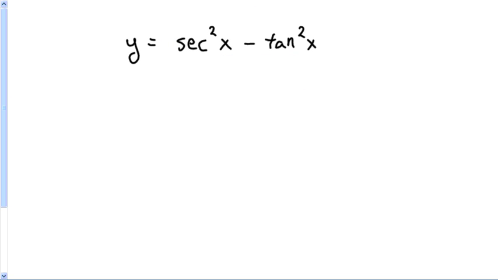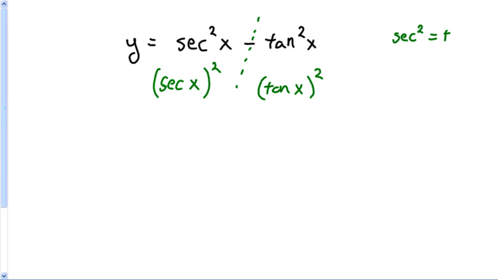All right, next one that we got up here. Wait a second. Right off the bat, I could do the same thing. I could split this guy up and do secant squared x and then tangent squared x. Hey, I could go this route. But you know, I'm starting to get this little memory thing here. Didn't we have a trig identity that says secant squared equals tangent squared plus 1?